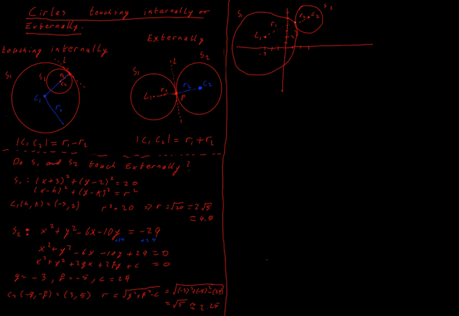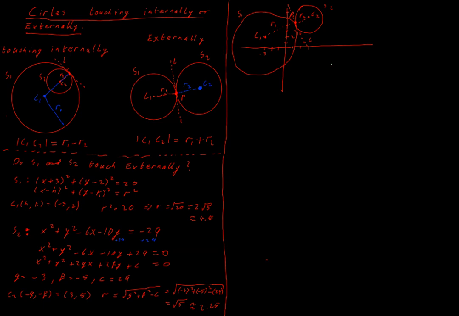And if I was asked about points of contact or anything like that, my point P would be there, and I would be expecting to have a common tangent between those two. So my L comes from getting the difference of S1 and S2. But in terms of what I need to do now, I just need to find the distance from C1 to C2 and check that it's the same as R1 plus R2. And if it is, then my circles are touching externally.